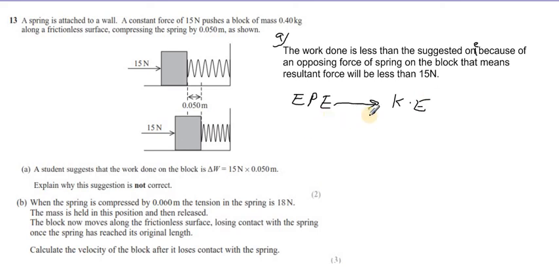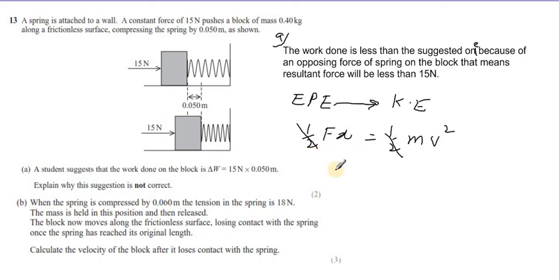So you can write half Fx, which is the elastic potential energy, must be equal to half mv squared, and the half you can cancel.